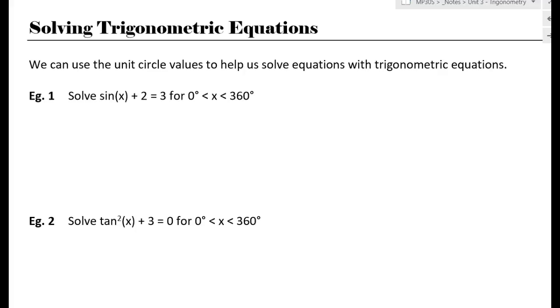So we're going to start with example 1: solve sine x plus 2 equals 3 for the whole range of 0 to 360. But you'll notice that there's no underlines here, which means we're not actually going to include 360 or 0 degrees.